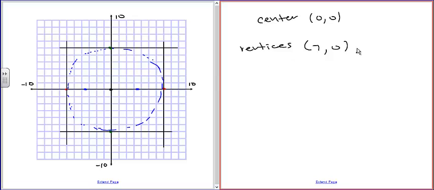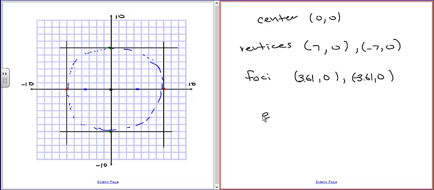So it's 7, 0, and negative 7, 0, if you go the other way. The foci are going to be, again, 0, and we go 3 point whatever units it is, 3.61. So it's going to be positive 3.61, and it's going to be minus 3.61, 0.